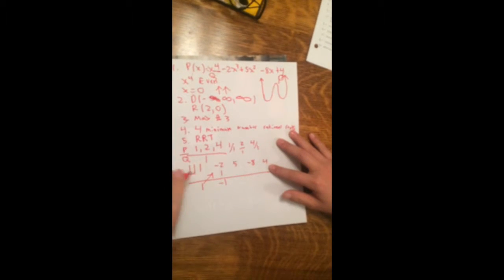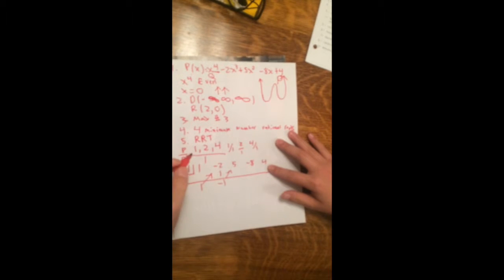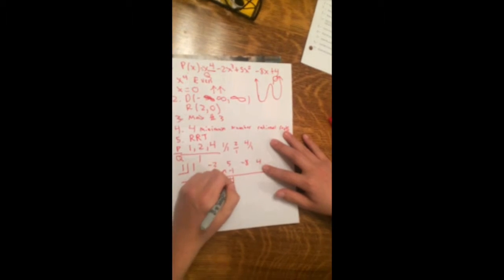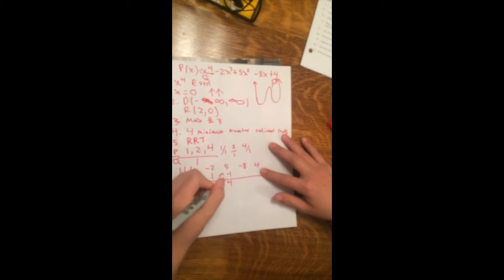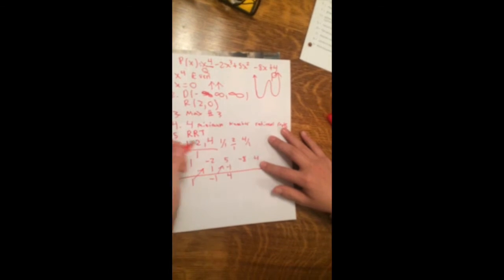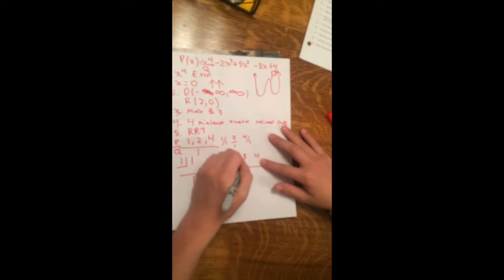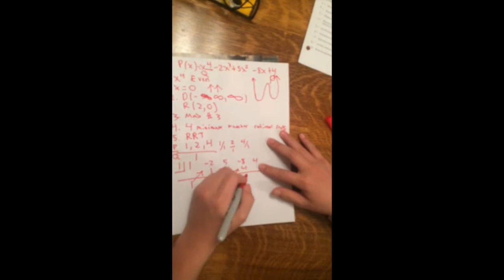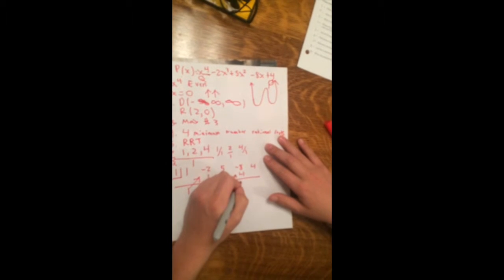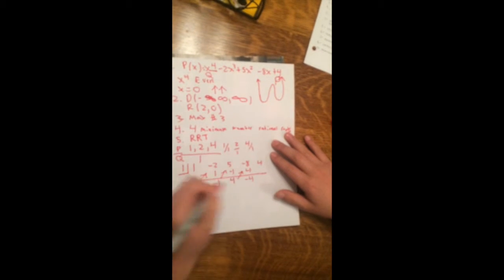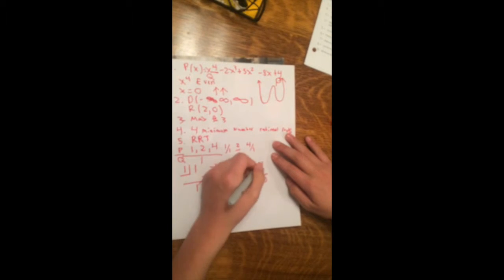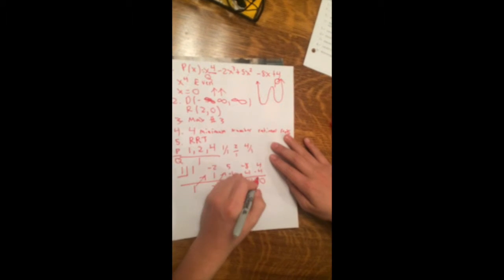Then negative 1 times 1, bring it over here, equals negative 1. You add those together, that equals 4. 4 times 1 equals 4, so you move that over there. And then negative 8 plus 4 equals negative 4. Negative 4 times 1 is negative 4. And then 4 plus negative 4 equals 0.